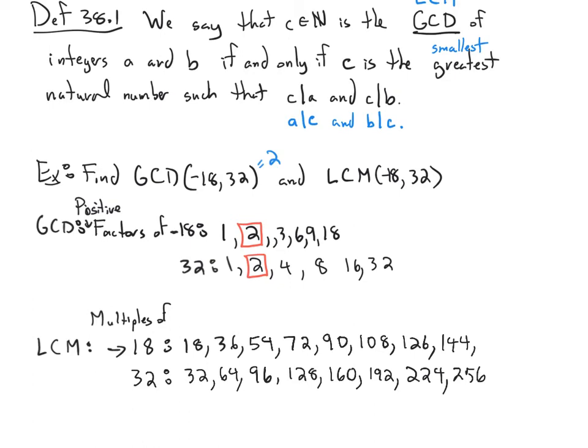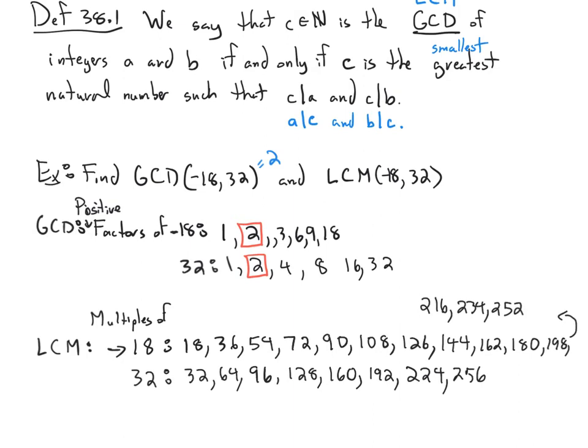So let's do the same thing with 18. Let's have some more multiples. 18 times 9 is 162. 18 times 10 is 180. 18 times 11 is 198. 18 times 12 is 216. 18 times 13 is 234. 18 times 14 is 252.